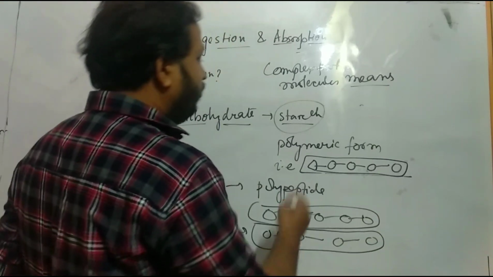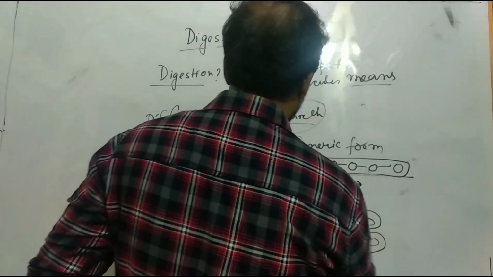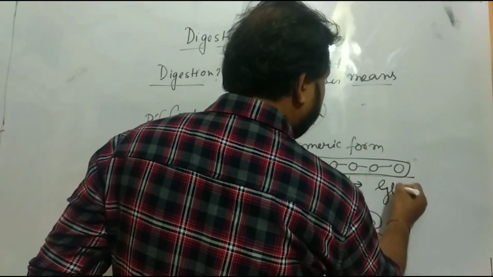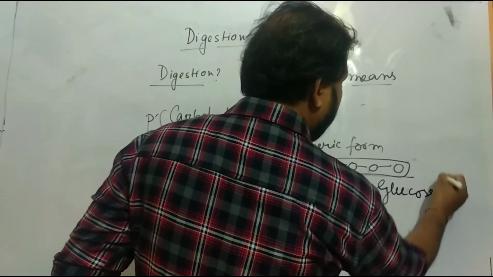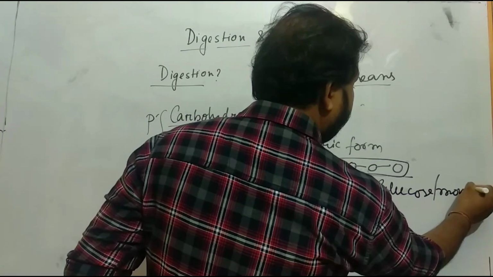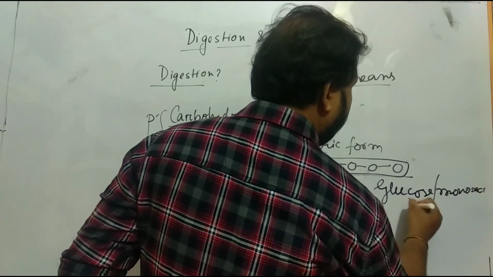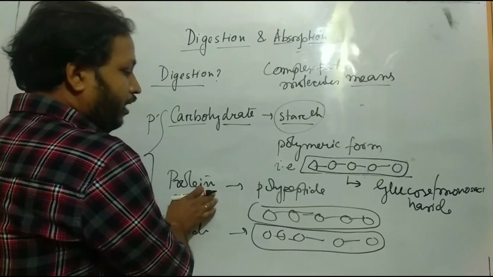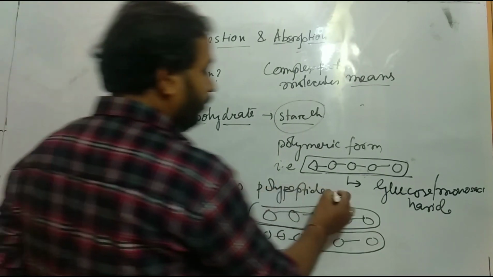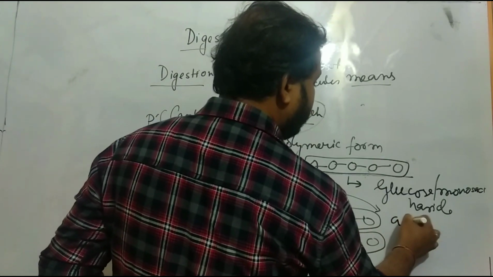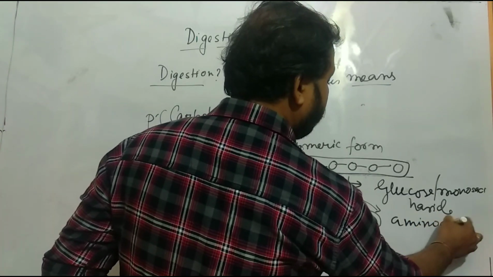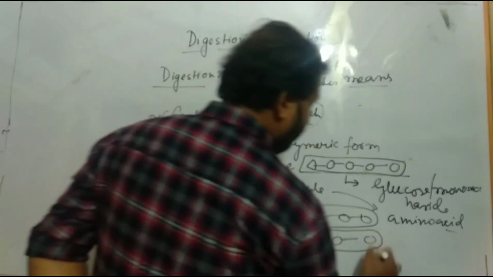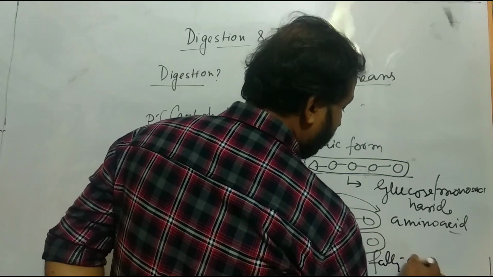simple form. For example, this large carbohydrate molecule after digestion converts into glucose, or you can say monosaccharide. This protein after digestion, the polypeptide now becomes amino acid, and lipid now becomes fatty acid and glycerol.